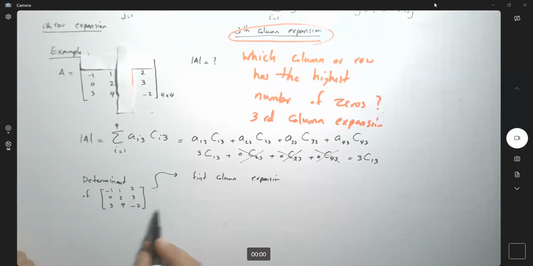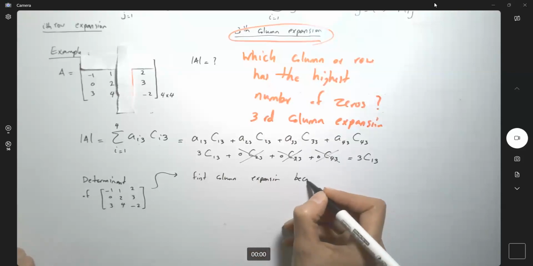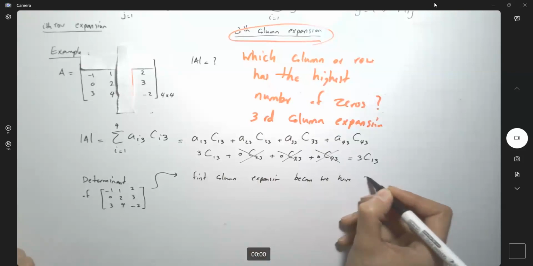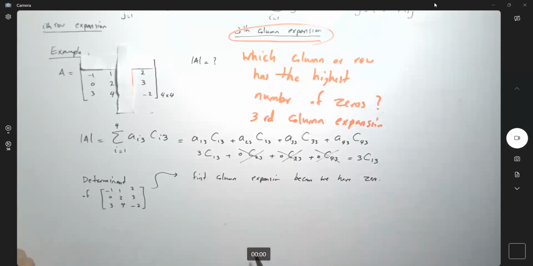Again, it doesn't matter which row or column you're using. In the previous example I showed you, you get the exact same result. Here, since I have 0 here, I'm going to use the first column expansion. That's the only reason that I'm using it.